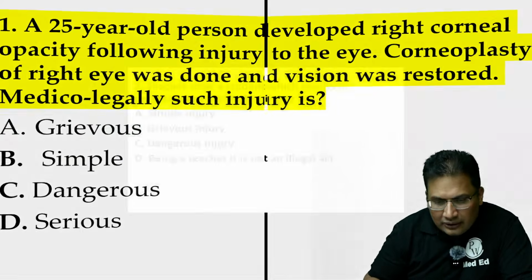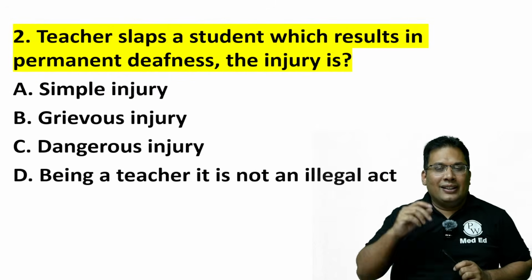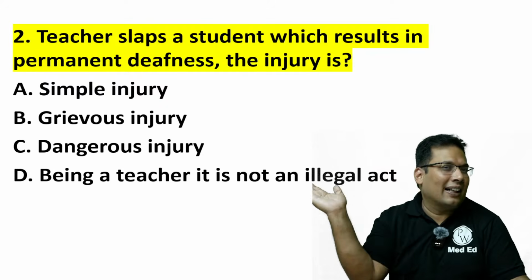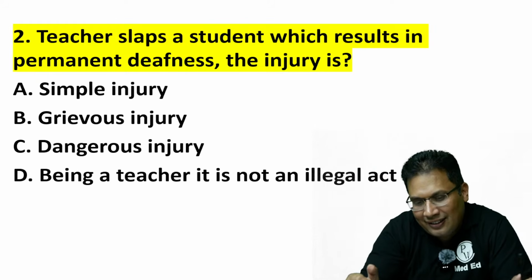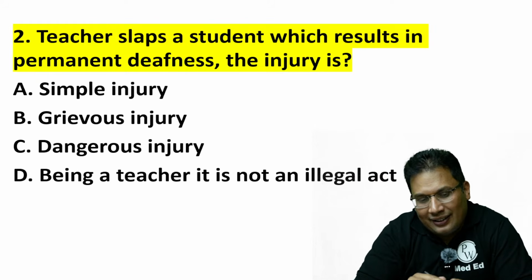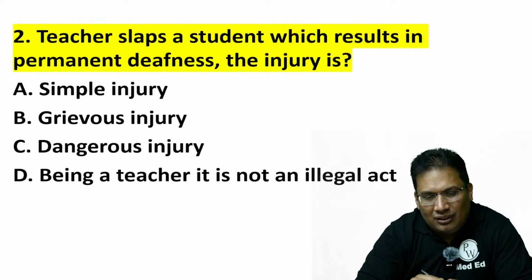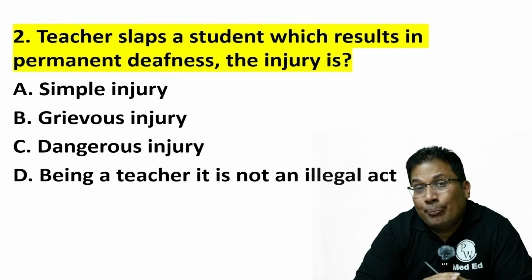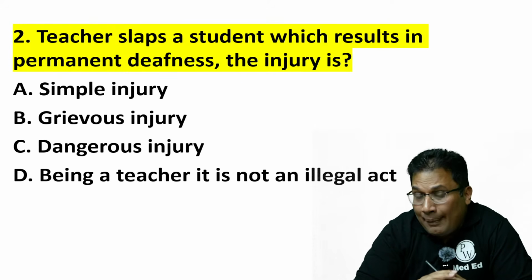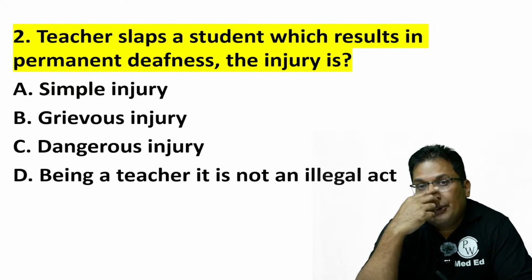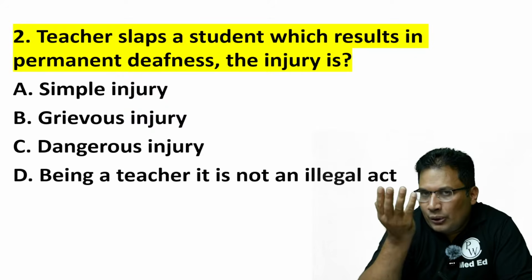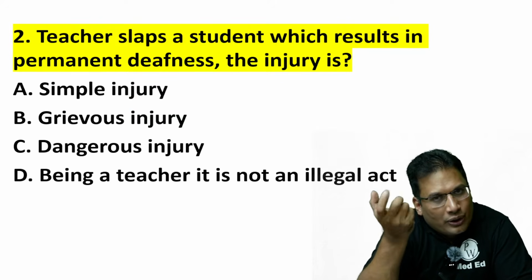Second question. A teacher slaps a student, which results in permanent deafness. The injury is? Very simple question. Probably there is a tympanic membrane rupture or damage to the middle ear or the inner ear, especially the labyrinth. When there is damage to that, it leads to deafness.